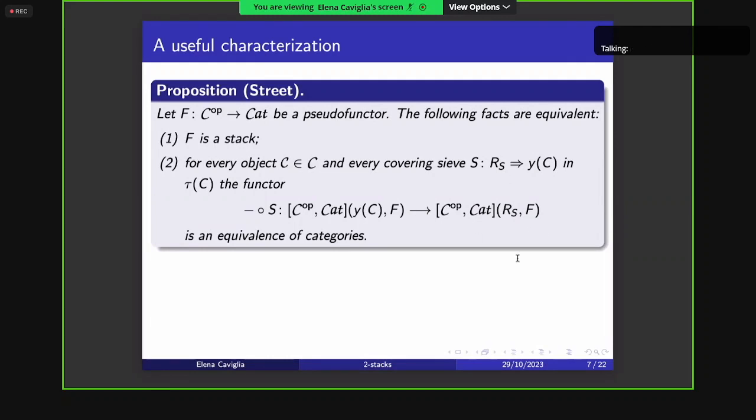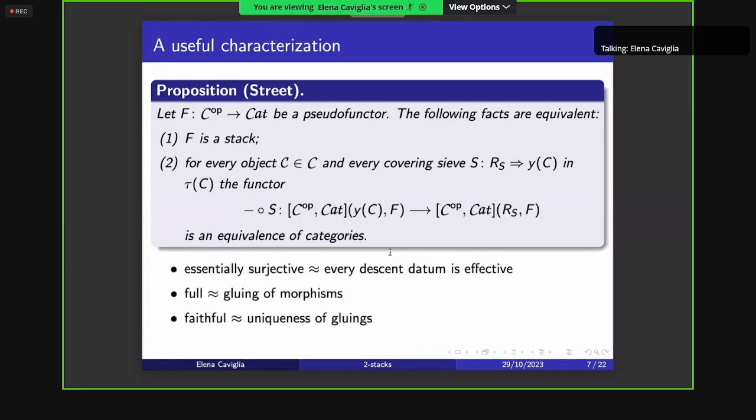And so we are linking the category of descent data to objects and morphisms in F of C. This is an equivalence of categories, so we know that it is essentially surjective and fully faithful. And in particular, the essential surjectivity of this equivalence gives the fact that every descent datum is effective, while the fully faithfulness gives the condition that the stack is a sheaf on morphisms.